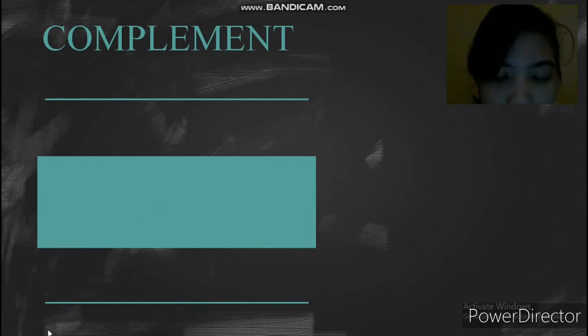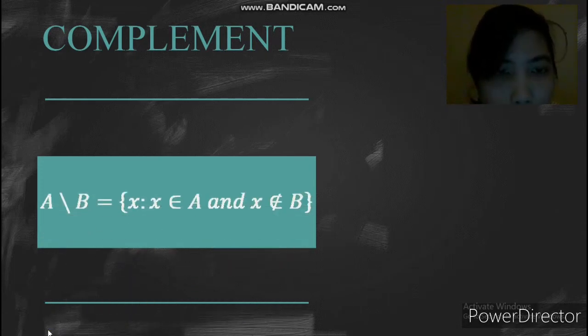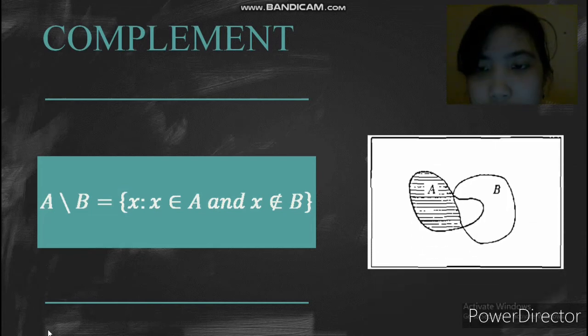Complement. The complement of B relative to A is the set {x : x ∈ A and x ∉ B}. And the diagram.